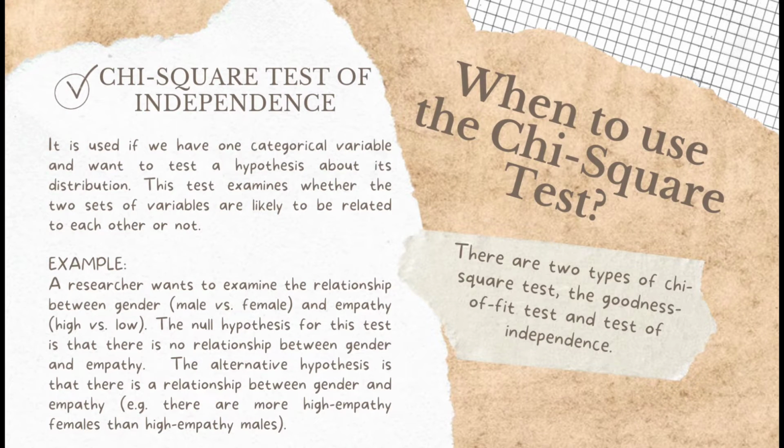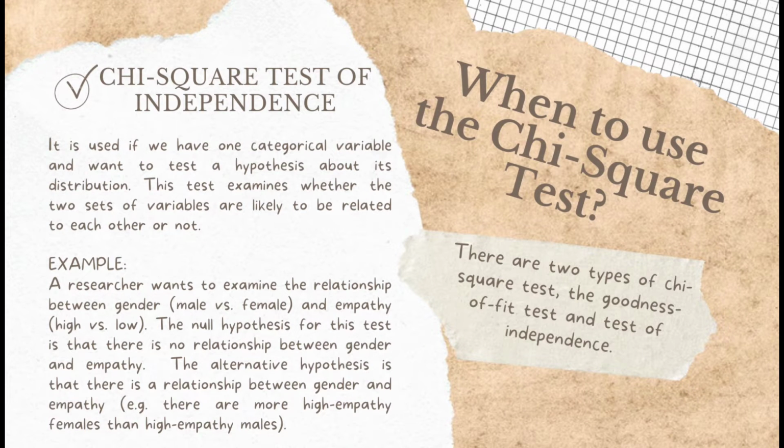Chi-square test of goodness of fit is used when the distribution follows a categorical variable. And on the other hand, chi-square test of independence is used to test whether two categorical variables are related to each other or not.